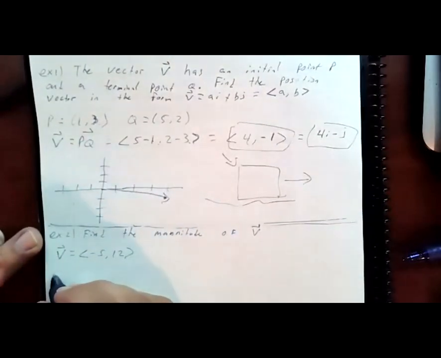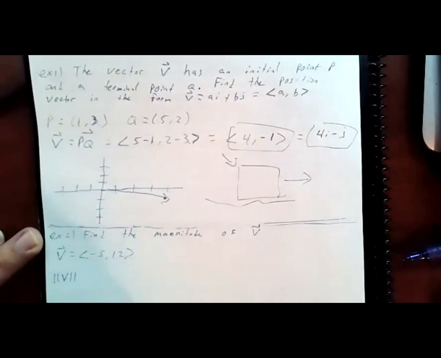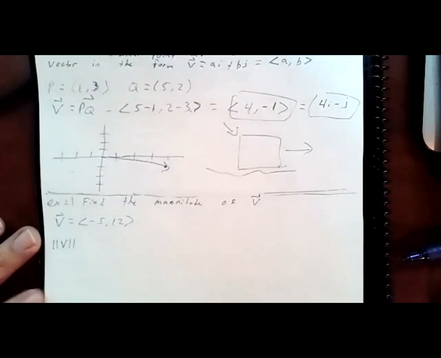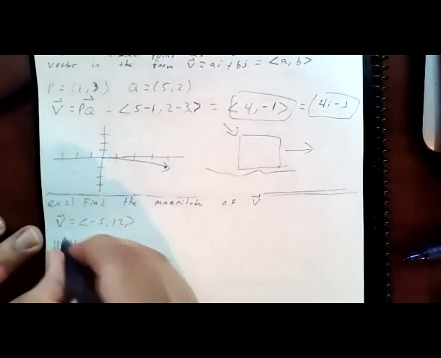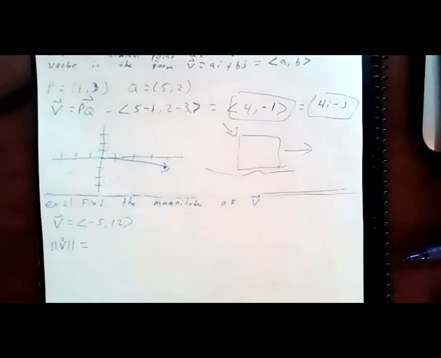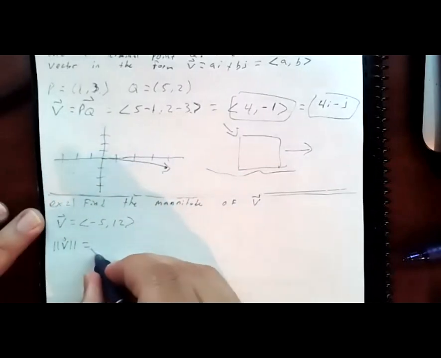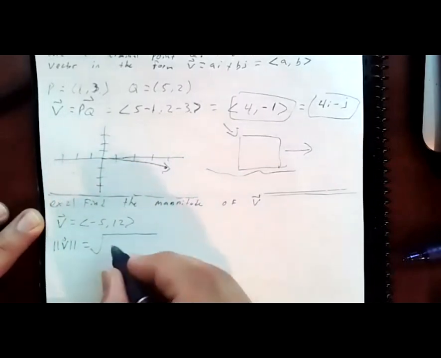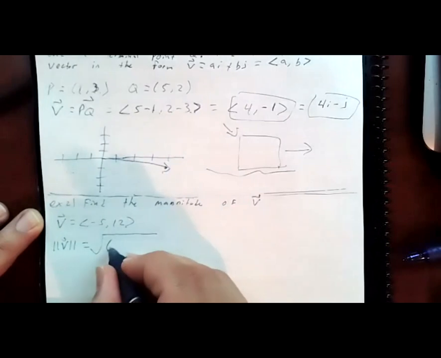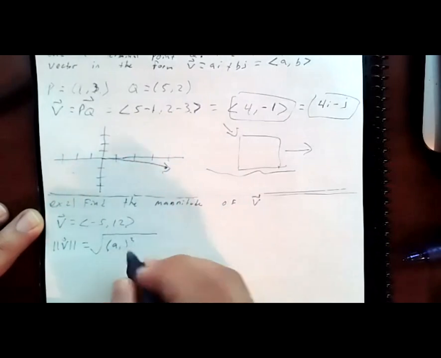So magnitude means double line. This is the symbol for it. Looks like two absolute values. So if you see that on a vector, they're asking you to find the magnitude. And this is the formula to find it. It's actually related to the Pythagorean theorem.